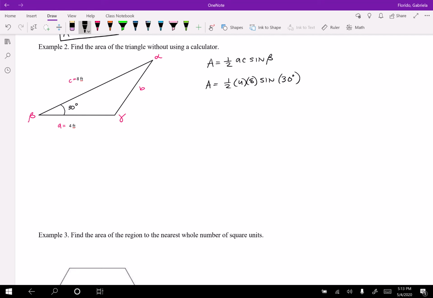So notice that it said without using a calculator because we know what sine of 30 degrees is. And so A is equal to 16 times 1/2, which is sine of 30 degrees is 1/2. And so the area of this triangle is just 8 feet squared. Okay, because again, it was in feet, so feet times feet, feet squared. So that is the area of this little triangle here.